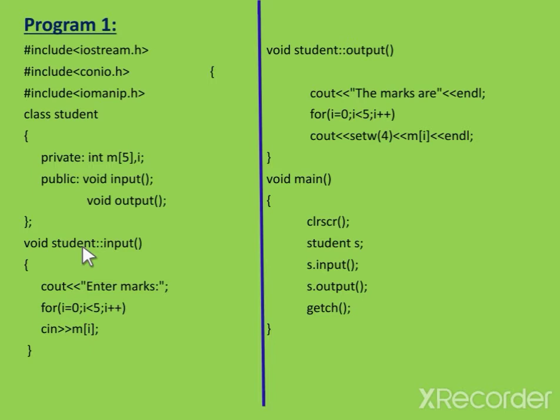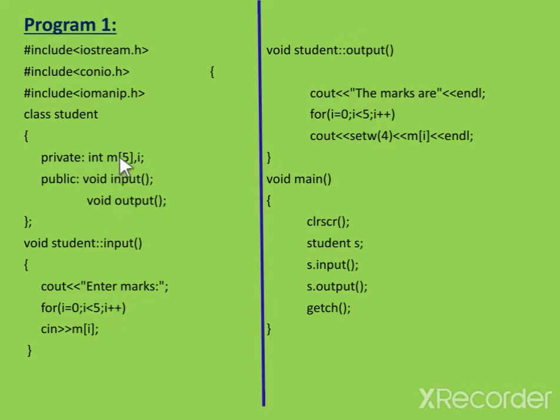Then the scope resolution operator, it is used to define what? A member function outside the class. Next, the body of this input function contains what? Here I am going to enter the subject marks, enter marks.